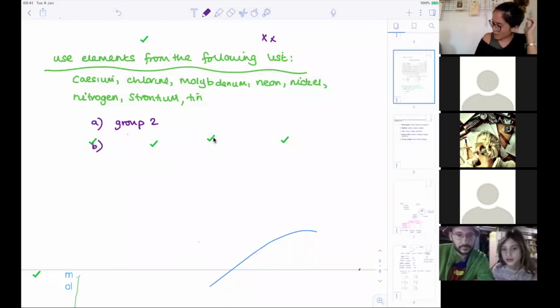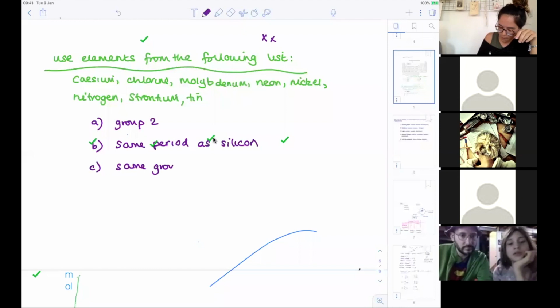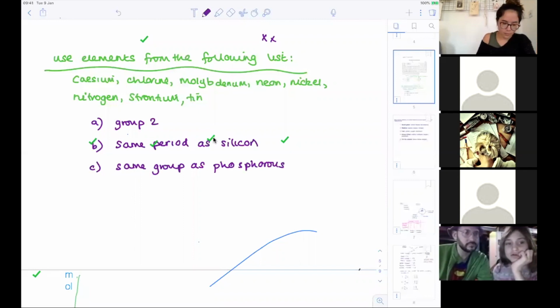B, find an element in that list which is in the same period as silicon. C, find an element in the same group as phosphorus. D, find an element which is in period 6.